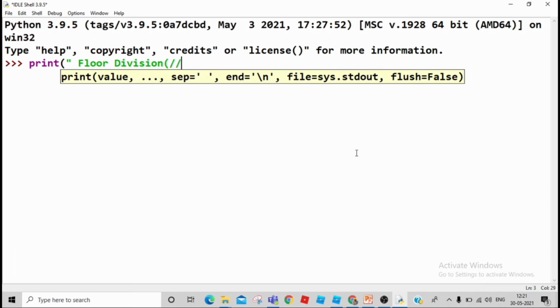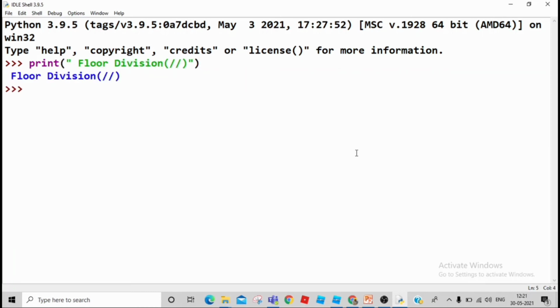So this is the sign of floor division. Now I will explain what is actually floor division. The floor division is the operator which divides one value by the second and gives their quotient rounded to the next smallest whole number.